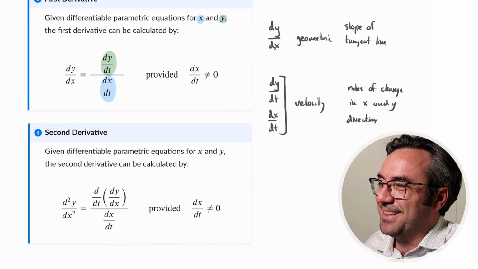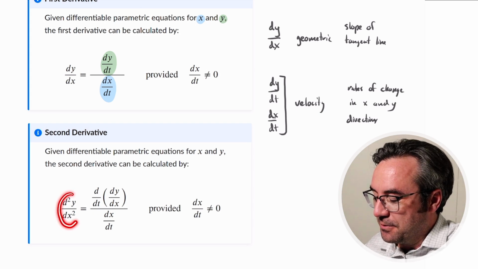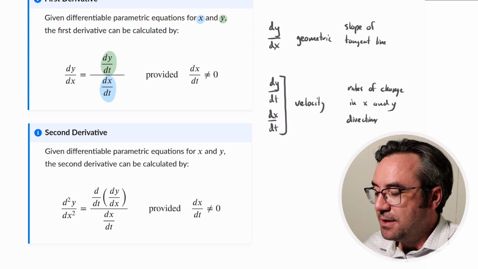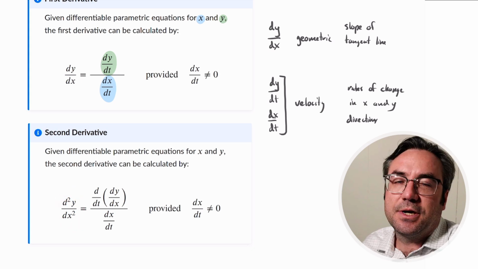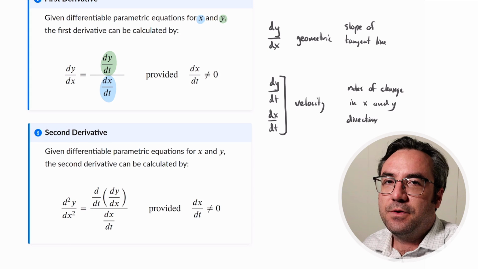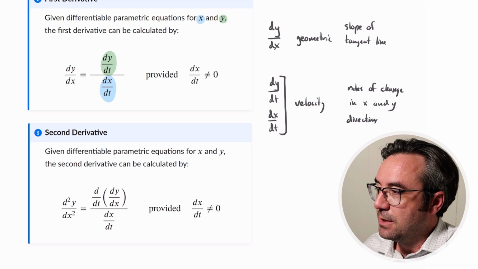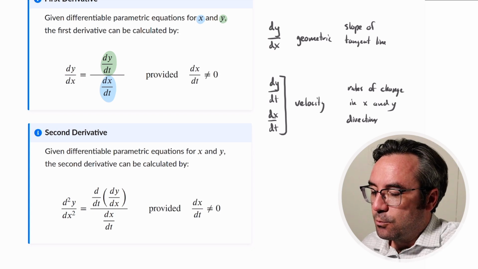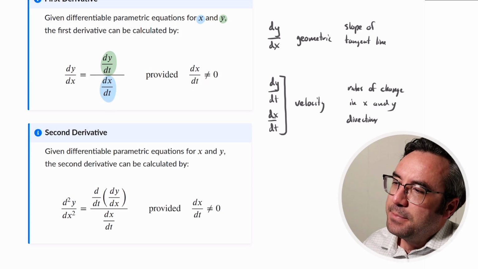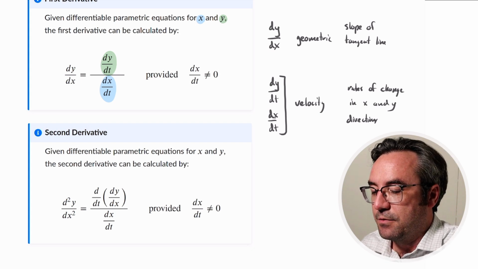Same thing with the second derivative of y with respect to x: it is also a more geometric derivative, and gives us information about where our curve is concave up and concave down. Now, we do have one requirement here, and that is the x derivative can't be 0, because then we run into problems where we'd have a vertical tangent.